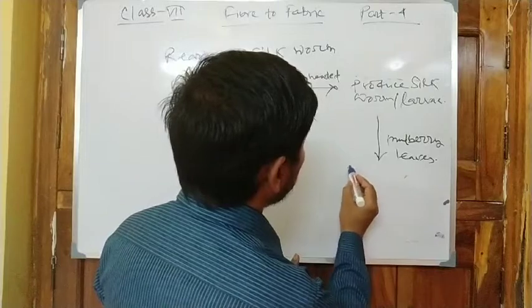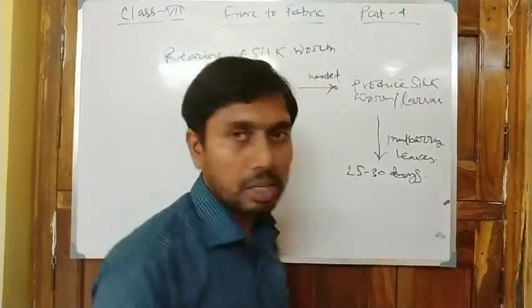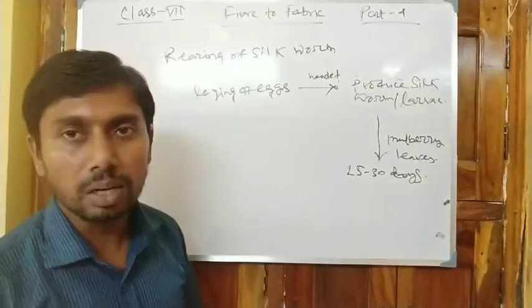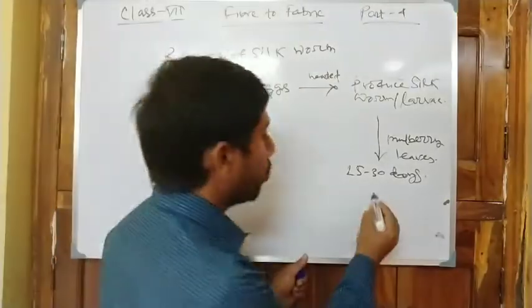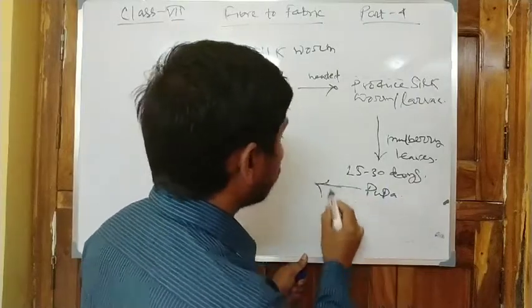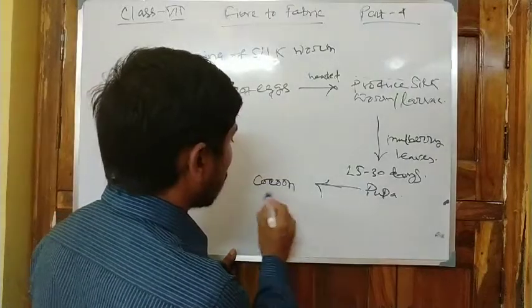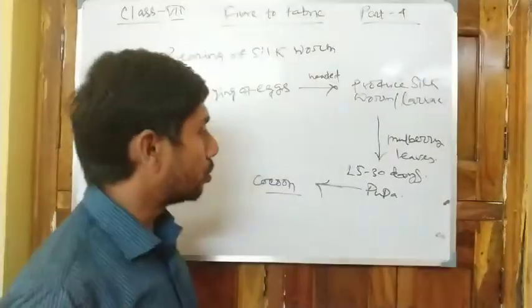After 25 to 30 days it stops eating and goes to the pupa state, and at the pupa state it will produce the cocoon.